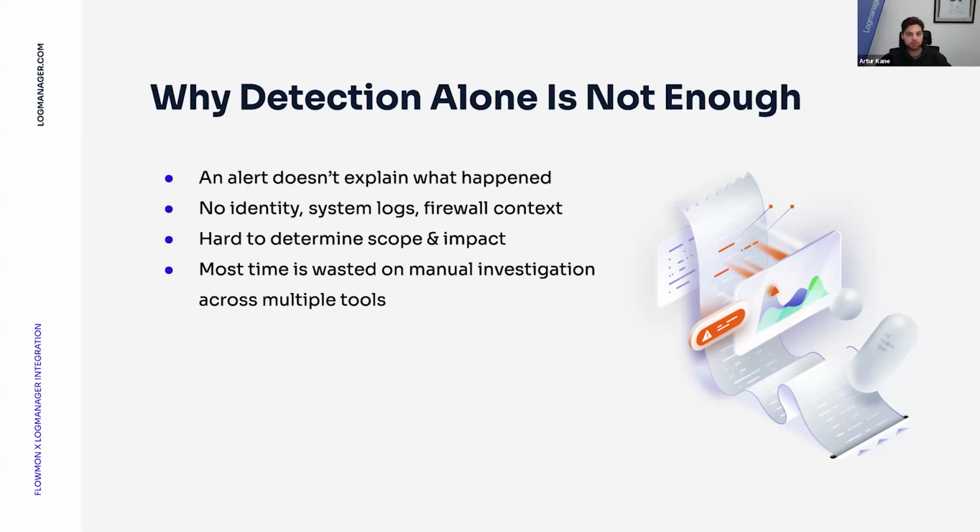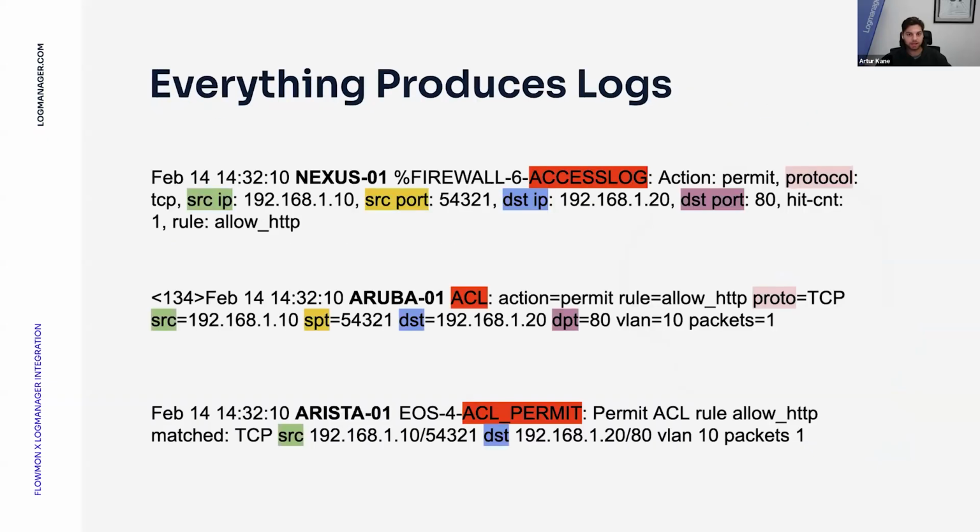But with Logmanager, you get an additional layer, as we can collect data directly from the application. So you can very nicely see what was the result of the network communication on the application itself. So instead of switching between multiple tools and waiting times on manual investigation, the integration just makes sense.